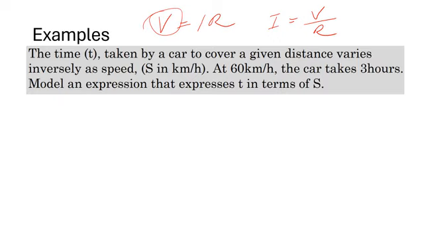So current and resistance are inversely related. The higher the resistance, the less the current. So at this juncture, let's look at examples to help us understand more of this concept.